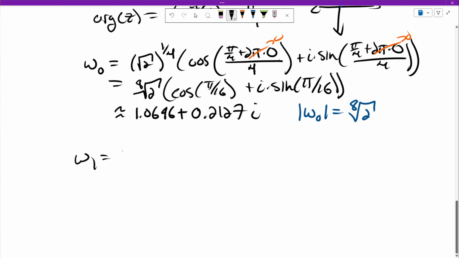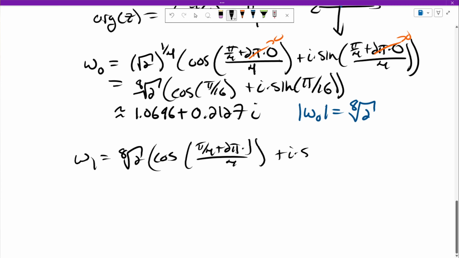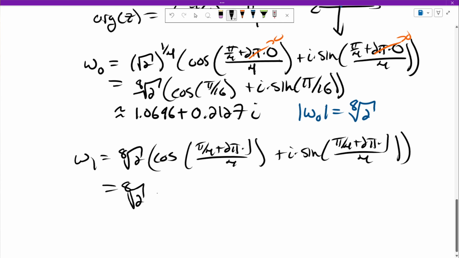So we have a formula. It's going to be the 8th root of 2, cosine of pi fourths plus, in this case, 2 pi times 1, over 4, and then similarly for sine. That's going to be 9 pi fourths over 4. I think we're going to get 9 pi 16ths here, but you should double check me.